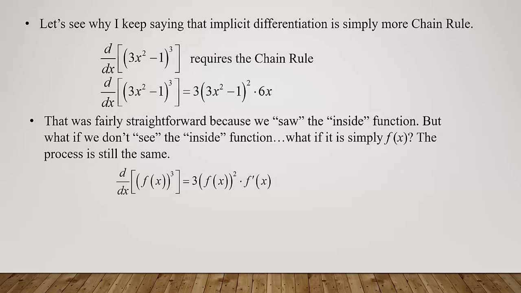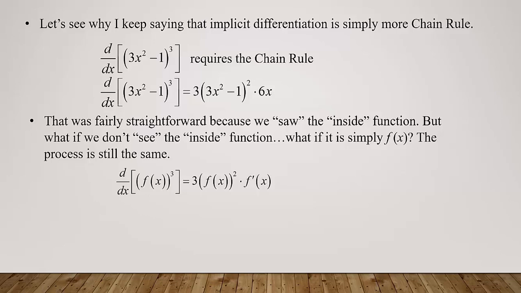Well, the inside function f of x, the only way I could represent its derivative is with f prime of x. Okay, notice that that's the exact same process. It's the exact same thing. That's what we have at the top of the slide, when we can see what the inside function is. So nothing has changed. It's still just using the chain rule.